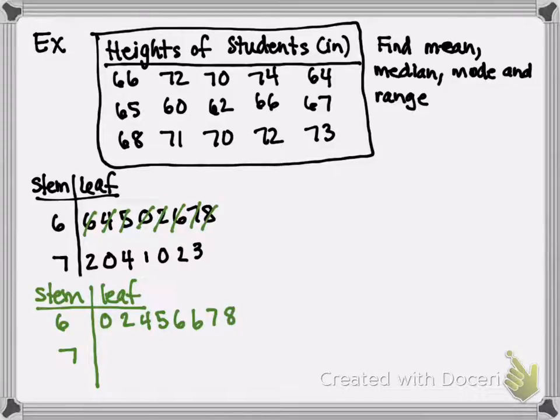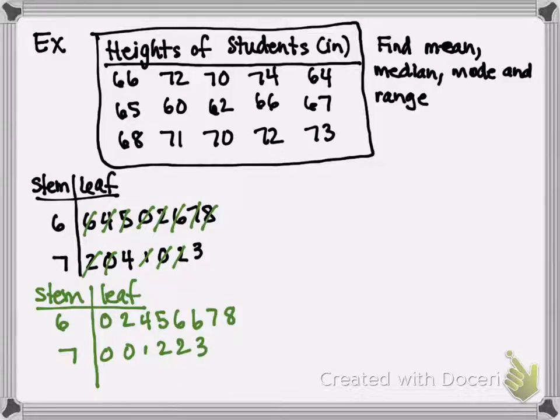So now I've put the 60s in order: 60, 62, 64, 65, 66, 66, 67, 68. Now I'm going to put my 70s in order. So I see a 0, a 0, a 1, a 2, a 2, and a 3.